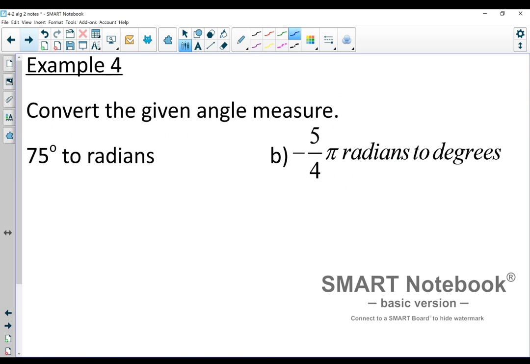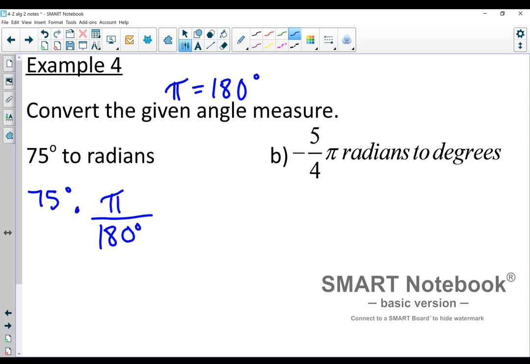So for example 4, we are going to go ahead and practice converting. I want to convert to radians. So if I have 75 degrees right now, I know that my conversion factor is that pi radians equals 180 degrees. So I'm going to make that a fraction. And I want degrees to cancel, so I'm going to have 180 degrees in the denominator, and I'll have pi in the numerator.